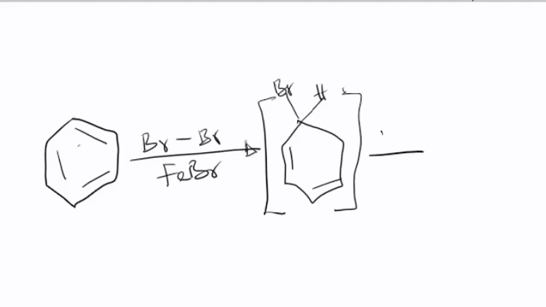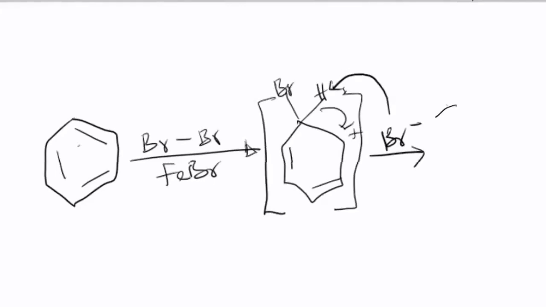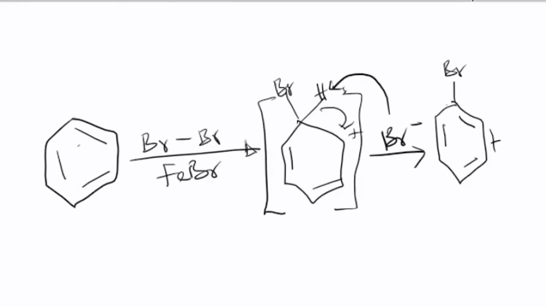So the bromide here will have to take up the proton from the aromatic ring here, and then I'll have the products, because this is reacting with this proton.